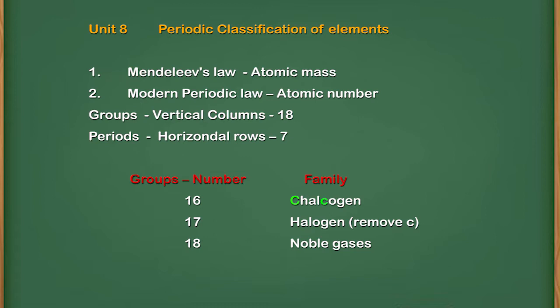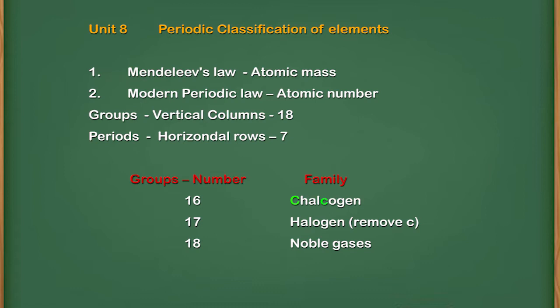So here are some discrepancies, that means some elements are arranged properly and some are not. So to rectify the mistakes, the modern periodic law comes. What does it state? It states that the elements are arranged by the increase in atomic number.